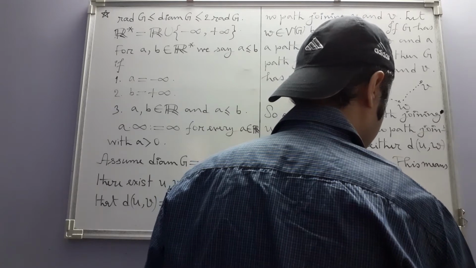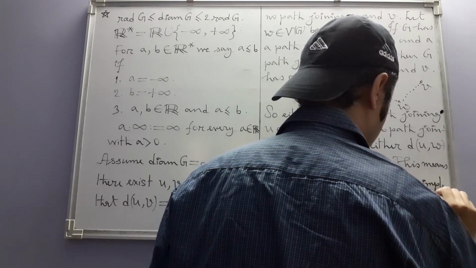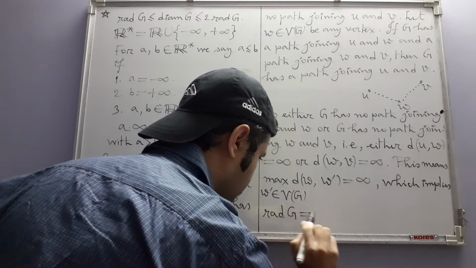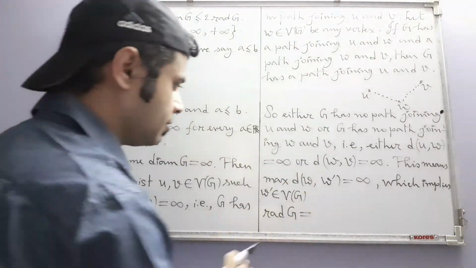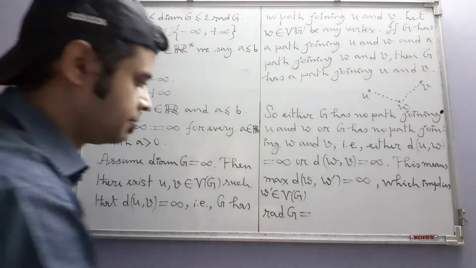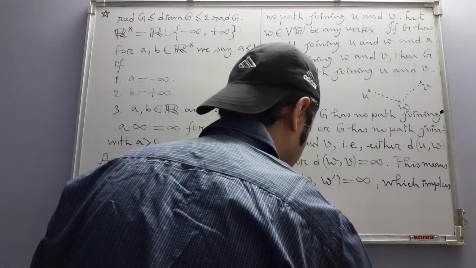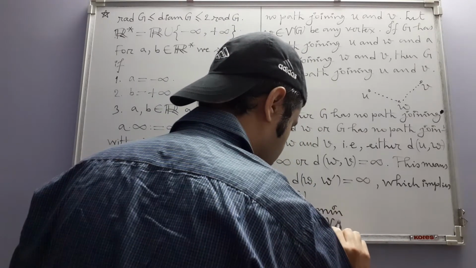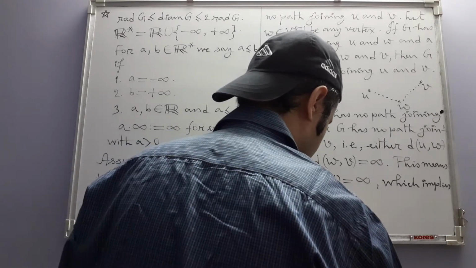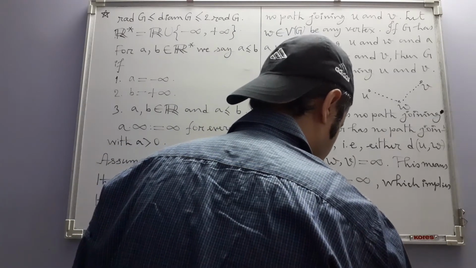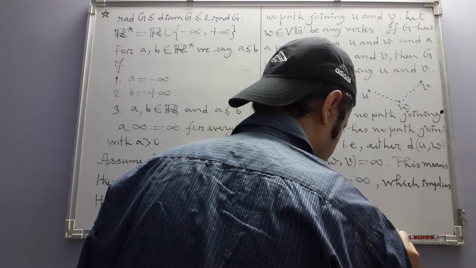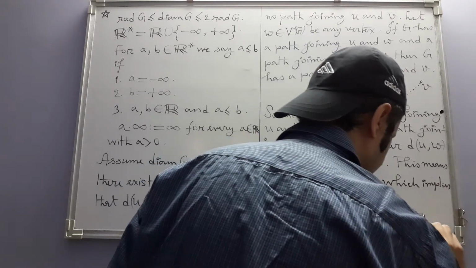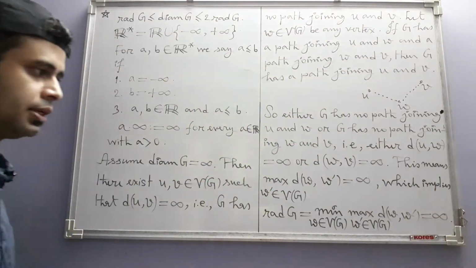Which implies that the radius of G, which is the minimum of all such maxima, as we vary w also, that is the distance between w and w prime is also infinity.